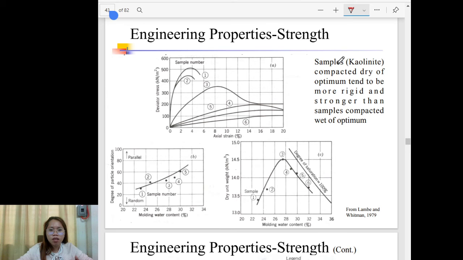In terms of strength, samples of kaolinite compacted dry of optimum tend to be more rigid and stronger than samples compacted wet of optimum.